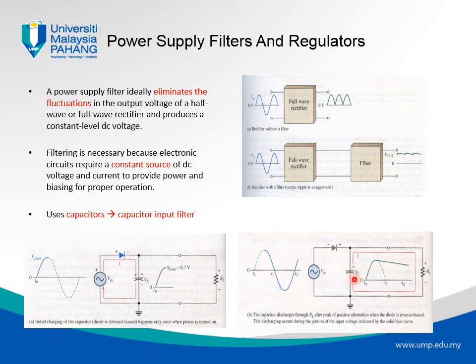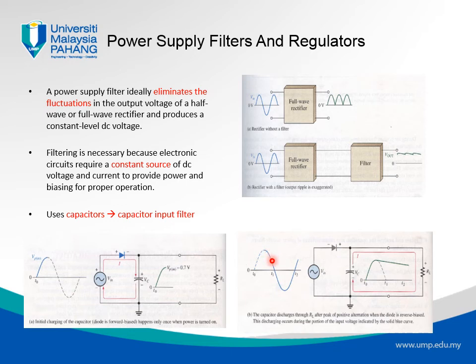If you remember what we've learned about capacitors, the current across the capacitor I equals C dVc over dt, right? So now that we have a drop, we have a potential difference. Because Vc is V peak, but now V input drops, the capacitor will start to discharge.